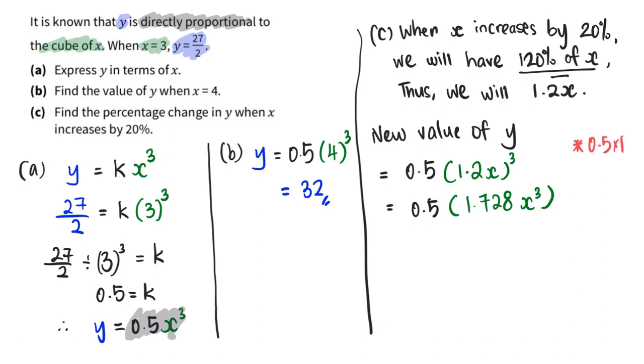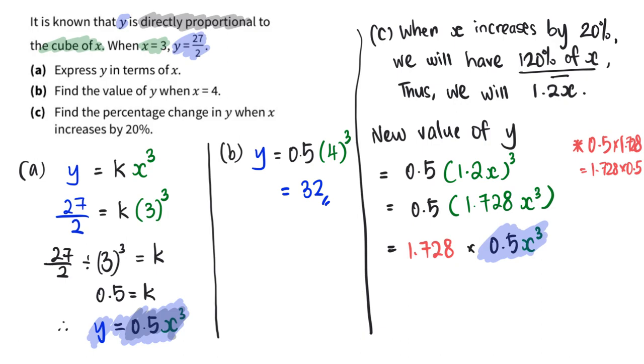And knowing that, this is important, 0.5 times 1.728 and 1.728 times 0.5 is the same. So I will rewrite this as 1.728 times 0.5, still got my x cubed, and you can then see that my y is equal to 0.5x cubed, right? Original value, right, of x?